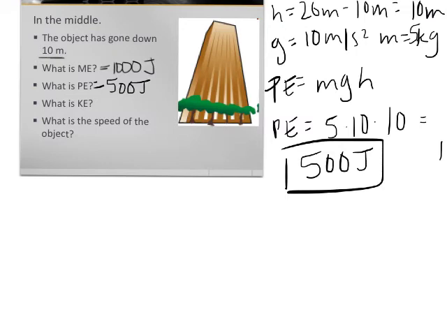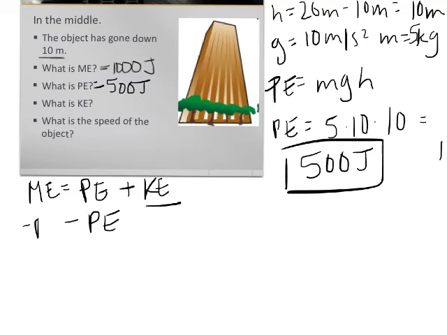Now we need to find our kinetic energy. Now, we aren't given the velocity, so you can figure out kinetic energy a different way. We know ME is equal to PE plus KE. If we want to find KE, we subtract PE from both sides. All right, so KE equals ME minus PE.